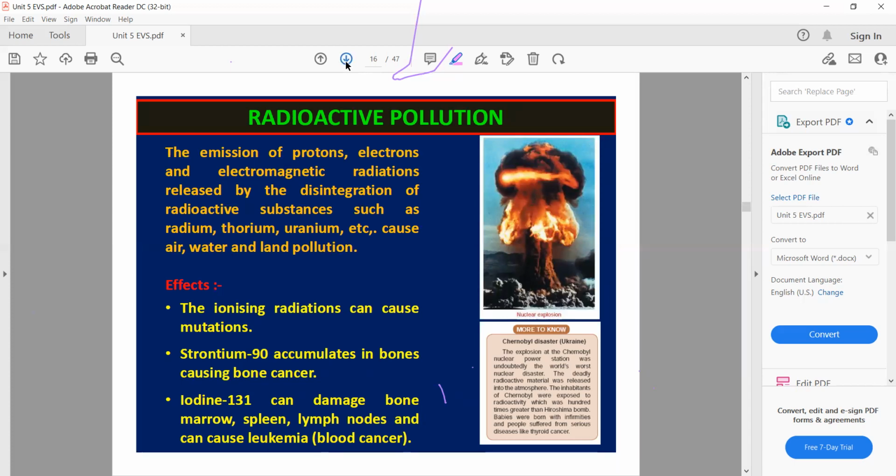So these radioactive pollutants are extremely detrimental. It causes death. So this should also be kept in mind. The ionizing radiations can cause mutations. Strontium-90 accumulates in bones, causing bone cancer. Iodine-131 can damage bone marrow, spleen, lymph nodes, and can cause leukemia, that is blood cancer. Okay.